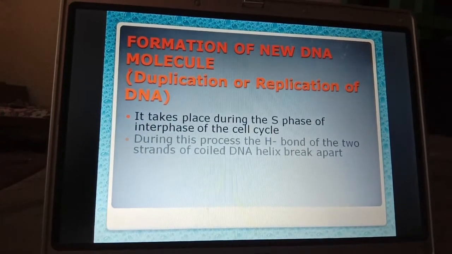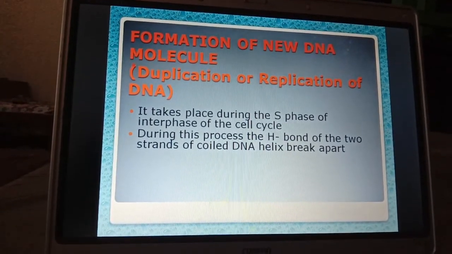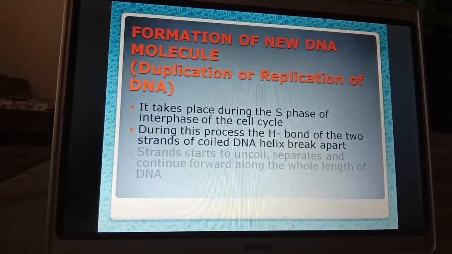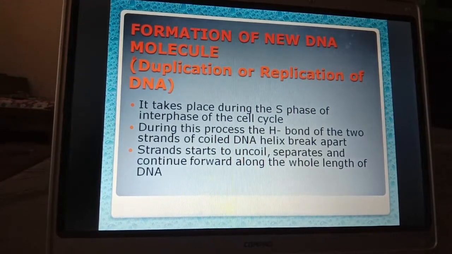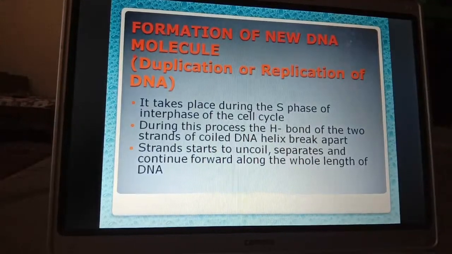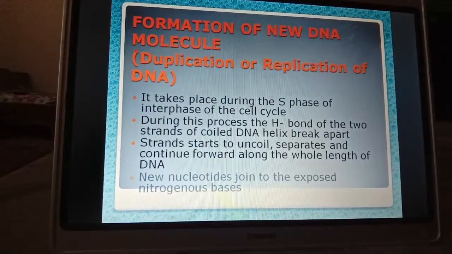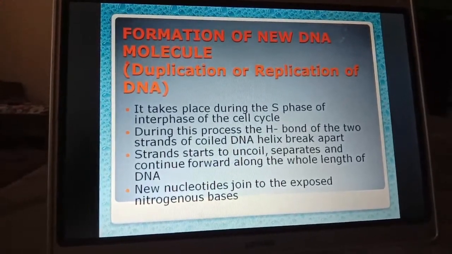During this process, the hydrogen bonds of the two strands of the coiled DNA helix break apart. The strands start to uncoil, separate and continue forward along the whole length of the DNA. New nucleotides join to the exposed nitrogenous bases.